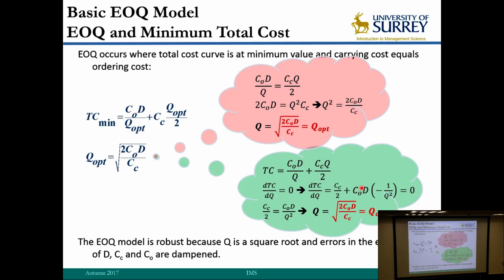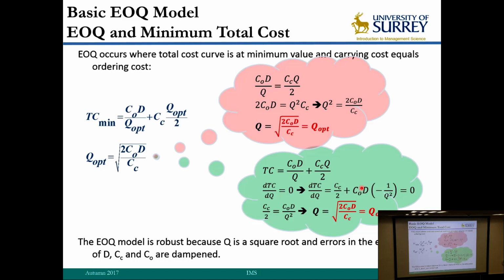We can also take the first derivative of the total cost with respect to Q and set it to 0. This requires a little more math. For this part, it's pretty simple: the Q is here, so the first derivative is just Cc divided by 2.